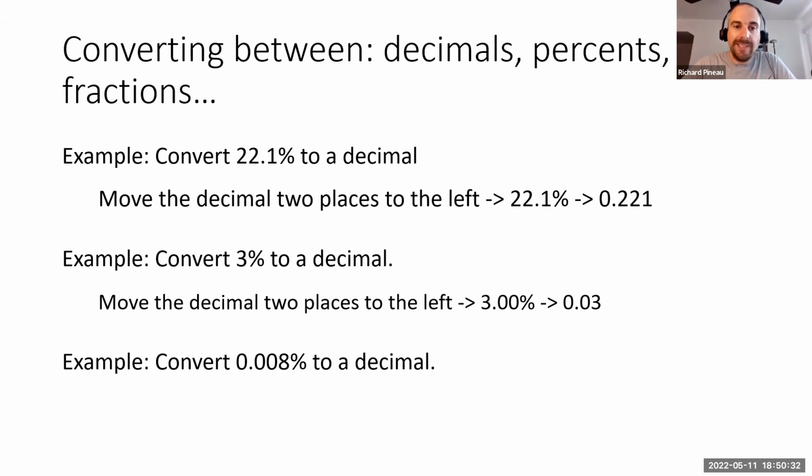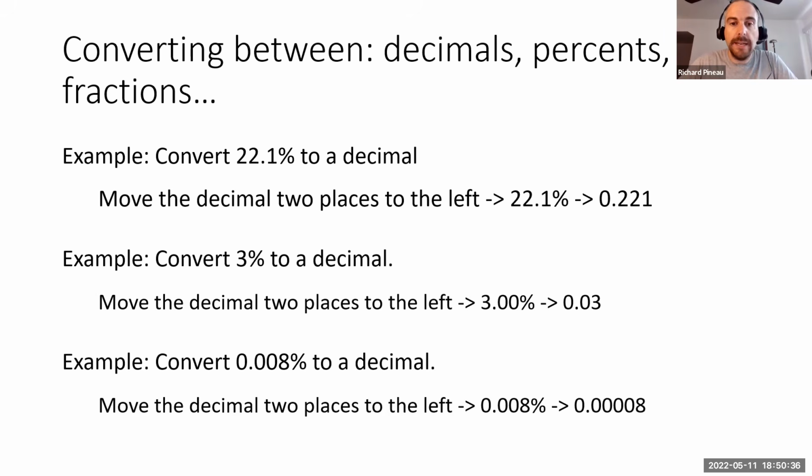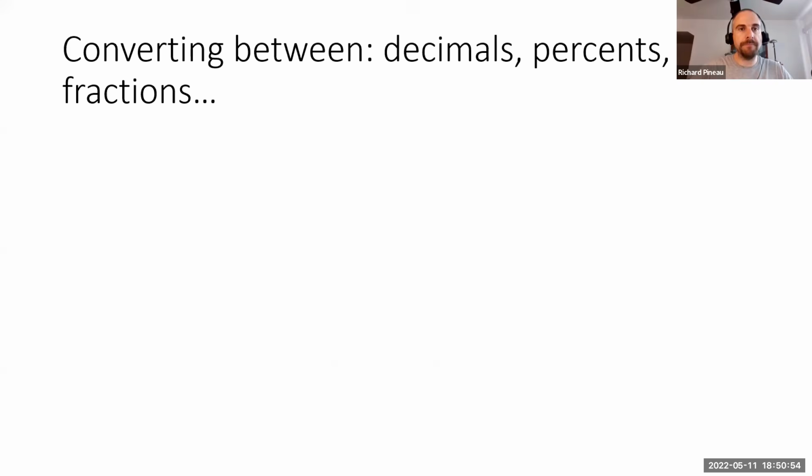And finally, 0.008%. So this is a really small percentage. Same idea. 2 decimal places to the left leaves us with 0.00008. So a very, very small decimal. But hopefully you get the idea. To convert that percent to a decimal, move the decimal 2 places to the left. So it's the inverse of the other process.